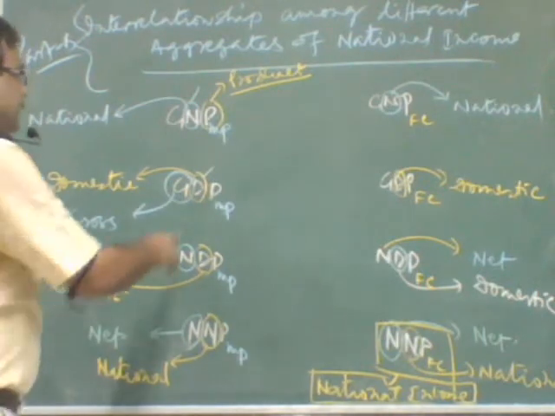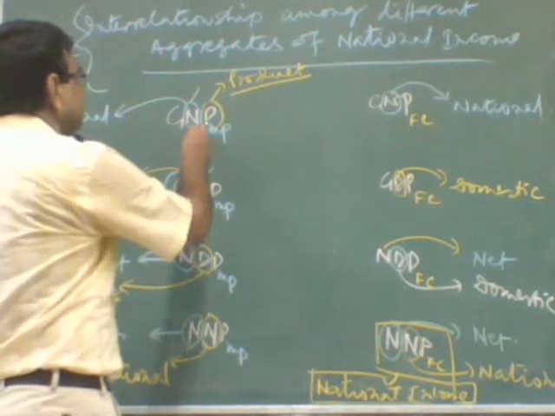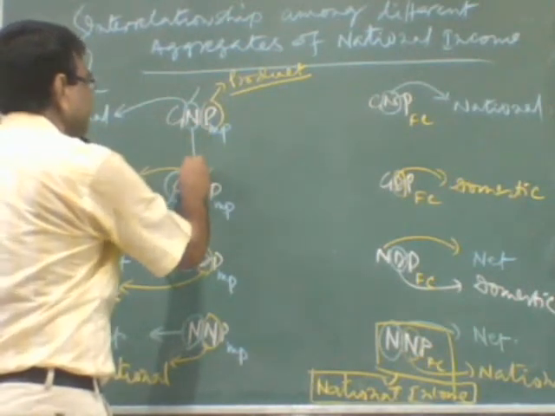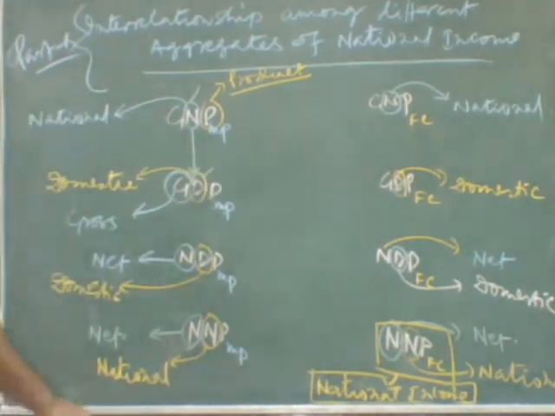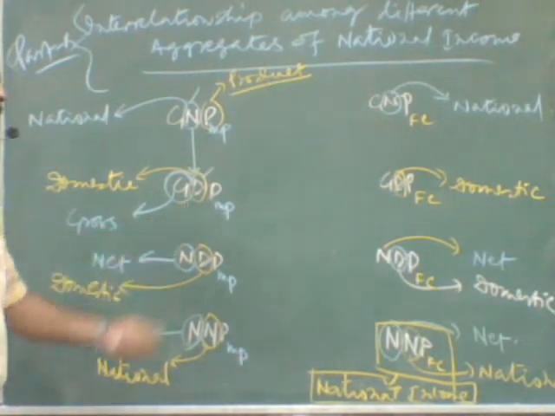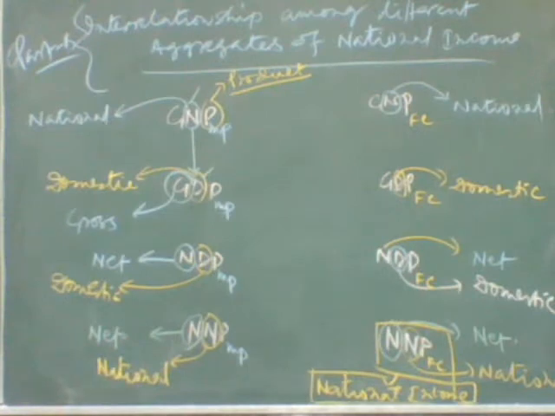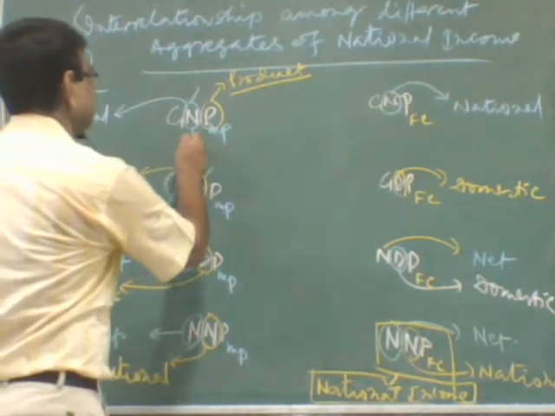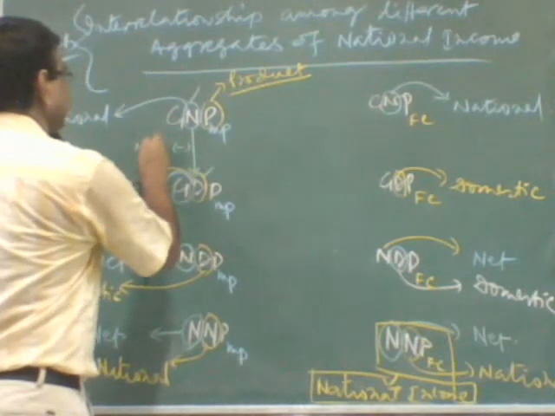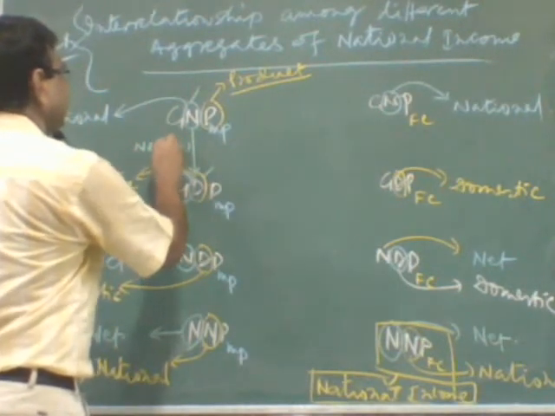When we have to calculate the domestic, the bridging component of national and domestic is NFIA. This NFIA will be subtracted from national, so it is minus NFIA.